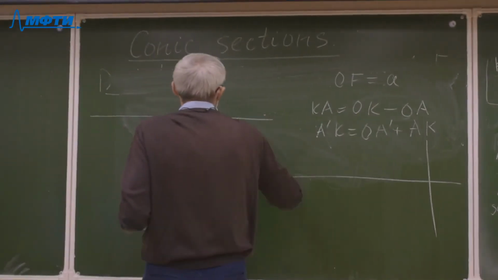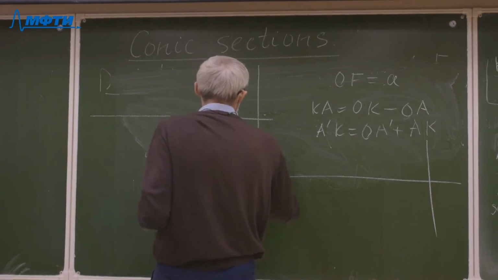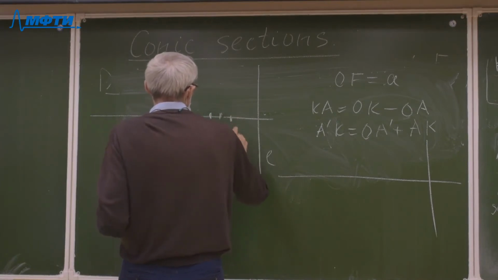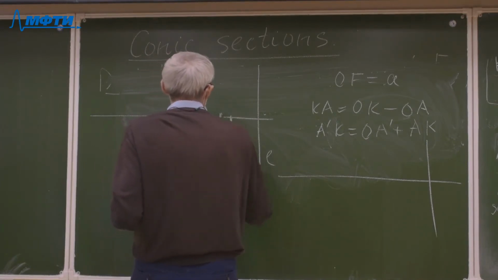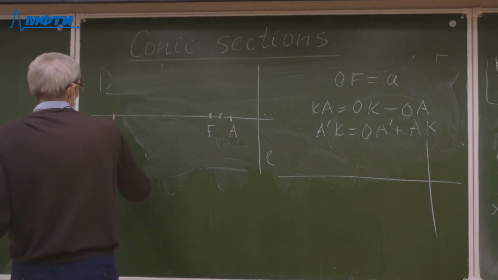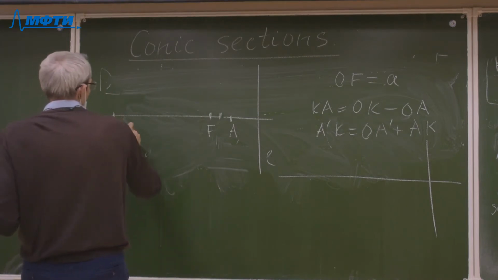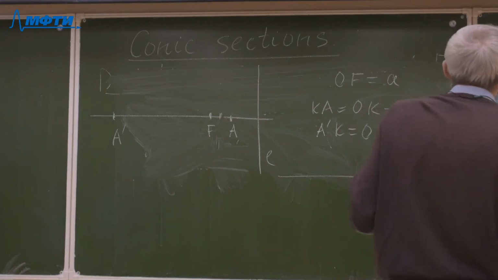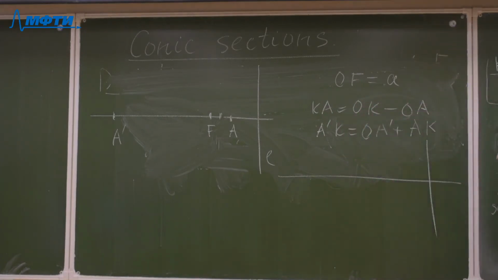Let's repeat. We have a straight line, the point F, the point A, the point A prime, and we have the sum KA.